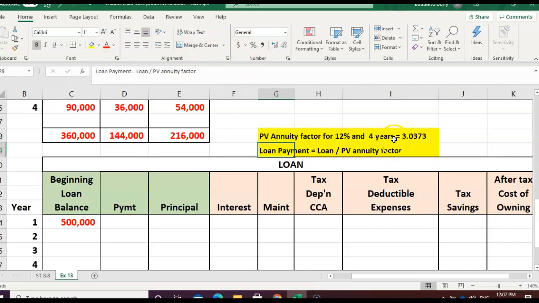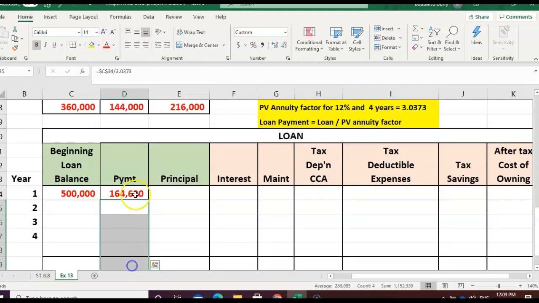So we end up with a present value annuity factor of 3.0373. We take our balance and divide it by our present value annuity factor, and we get a payment of $164,620. Our payments are the same every year, so we can just copy that right down.